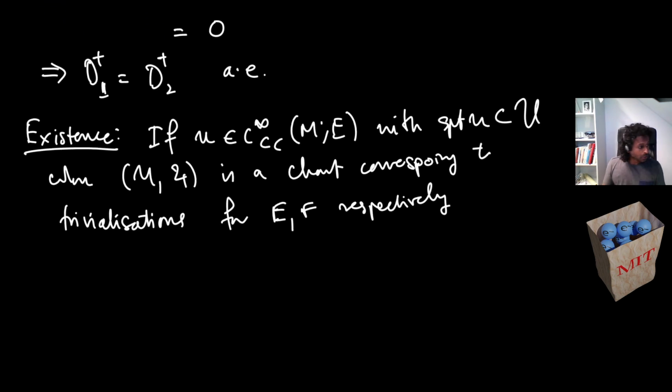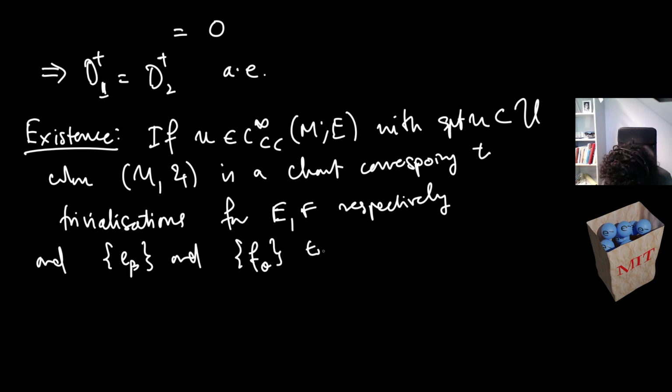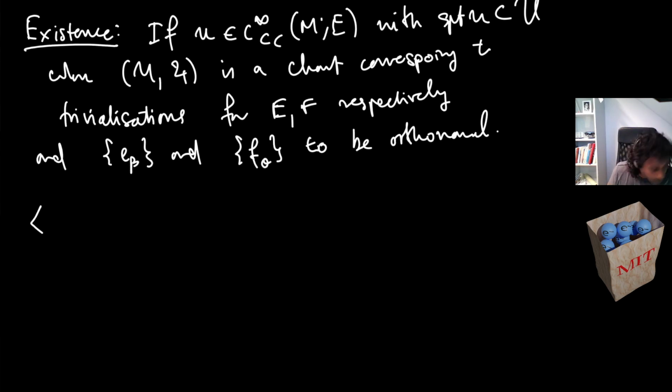Okay. So we compute this for trivializations, and let's fix some orthonormal frames, right? So let's take the E_β and F_θ to be orthonormal. So if that's the case, we can compute this. L2, M, F. So what's this exactly?